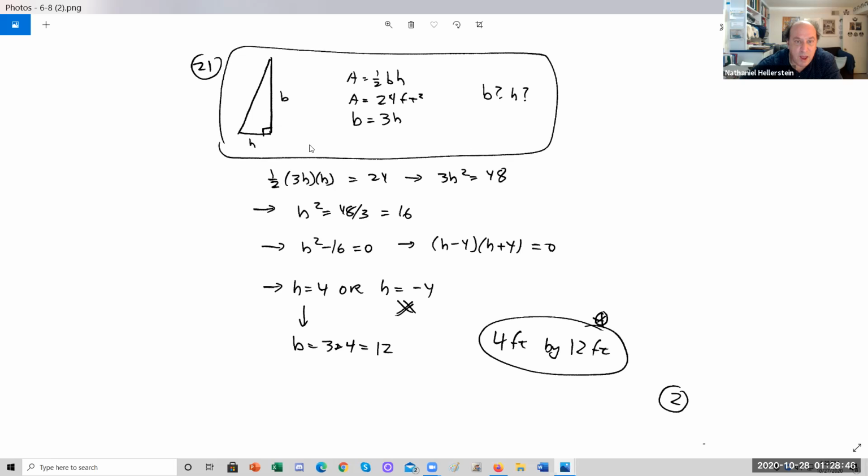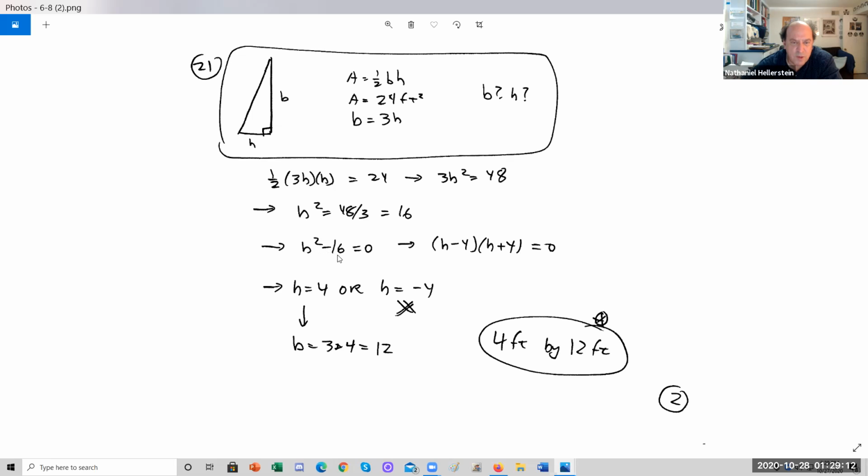1/2 b, that's 3h, times h equals the area of 24. Then multiplying throughout by 2, you get 3h squared equals 48. So h squared equals 48 over 3, so h squared equals 16. To solve this by factoring, we transpose the 16. h squared minus 16 equals 0.